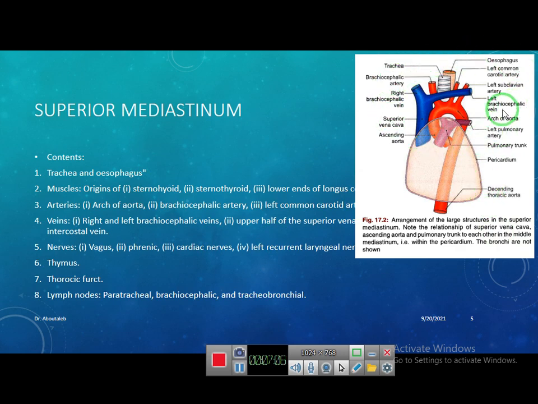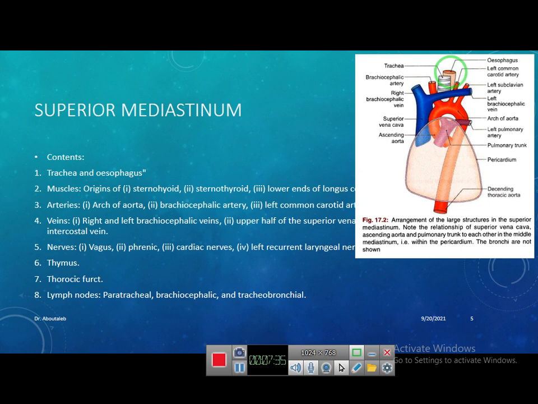Here is a part of the superior mediastinum, the anterior aspect. We are looking at the heart or middle mediastinum and some of the great vessels in the superior mediastinum. So number one from the content of the superior mediastinum is the trachea and esophagus. Here is the trachea, and behind the trachea is the esophagus.